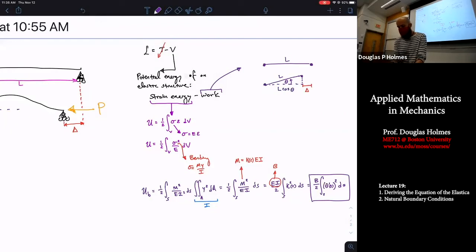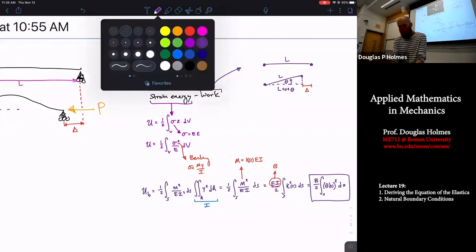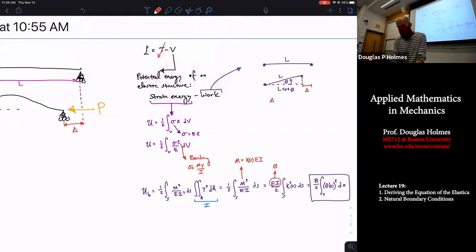And therefore delta is going to equal my initial length minus this planar length on that bar, so it's L minus L cosine theta. We can factor out the L and write this as L times 1 minus cos theta.